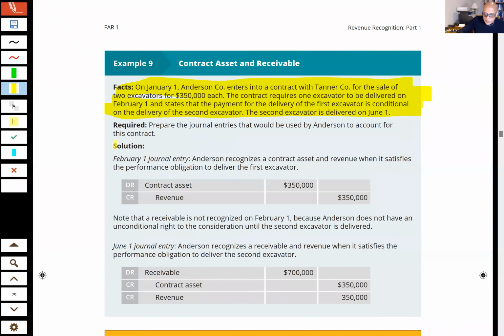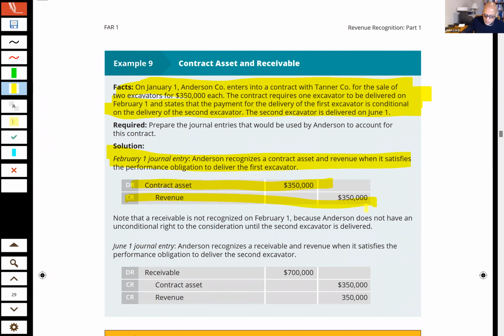So when they give up the first excavator, say that 10 times fast, they have that contract asset and they can take the revenue because they have delivered the first excavator. So they performed on that. But they can't say receivable because it's not just predicated on the passage of time, it's predicated on the delivery of that second excavator.